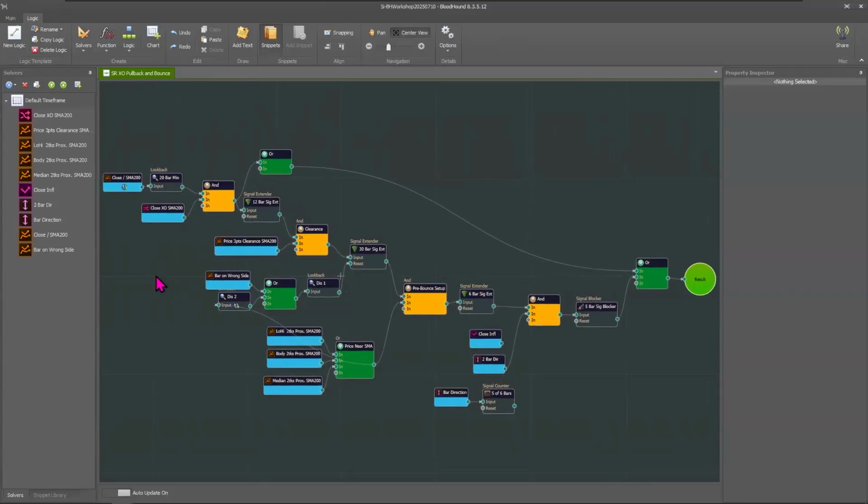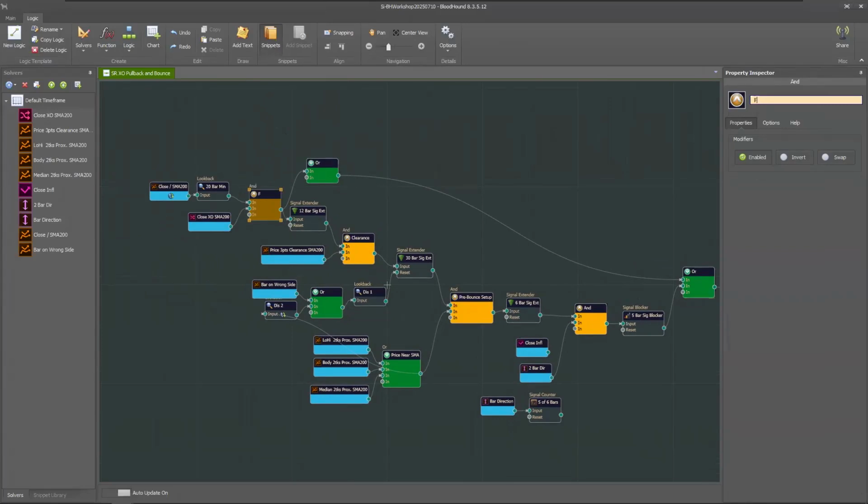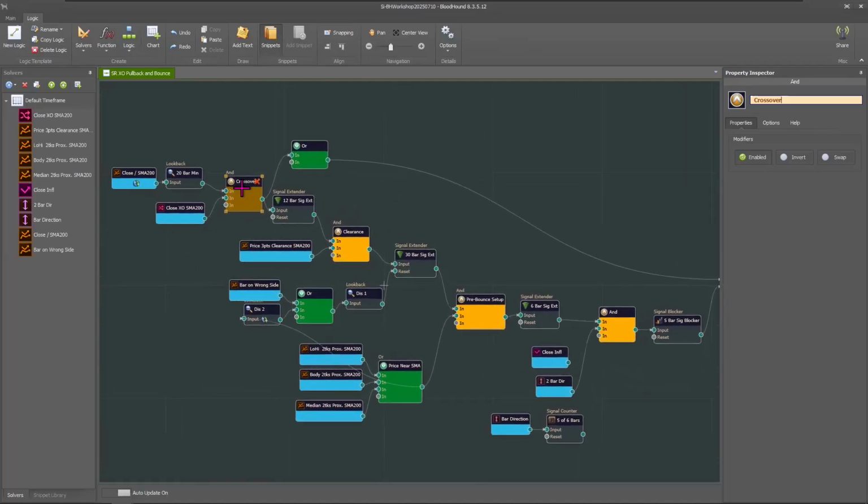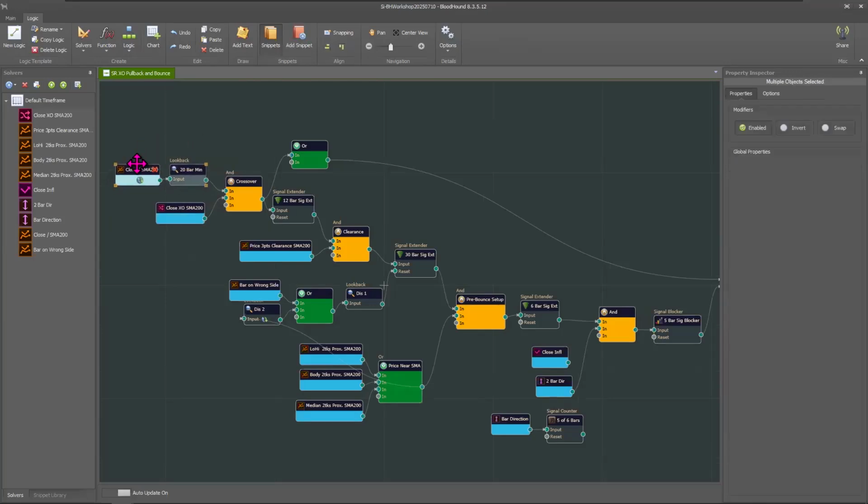So I guess the last thing I'll cover is, what should we call this? I guess I'll just call this AND node the crossover condition. So you have the crossover condition, and we have a pre-filtering of that crossover.